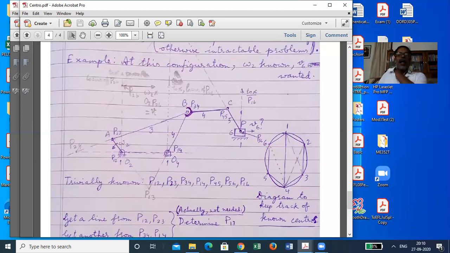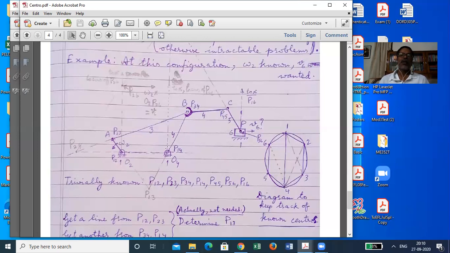So to begin with, I have shown how to determine P13, though for this problem it is not needed. See, P12, P23 and P13 will be along the same line. So these two are known, you draw this line. Similarly, P14, P34 and P13 will be along the same line.